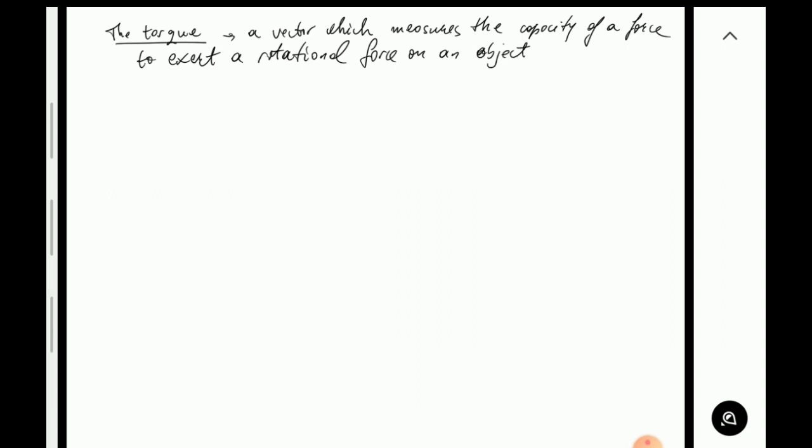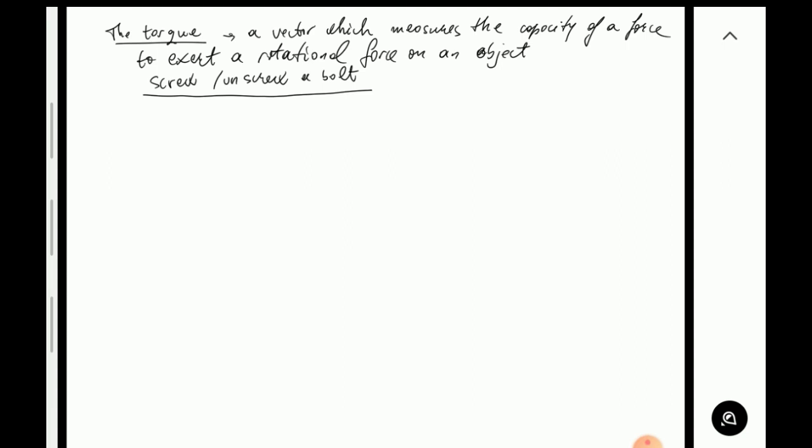Intuitively, everybody has dealt with the concept of a torque. Whenever you wanted to screw a bolt or unscrew a bolt, you dealt with the concept of a torque, and intuitively you know how to get a bigger, larger torque, so stronger rotational motion given a linear force that you apply on the object.